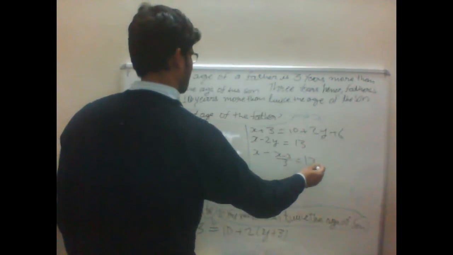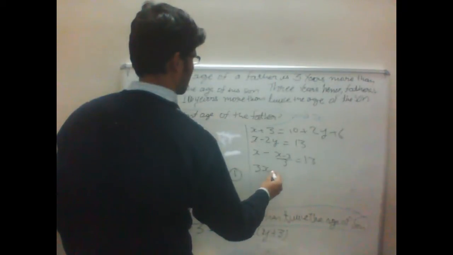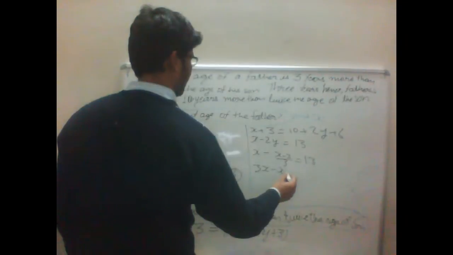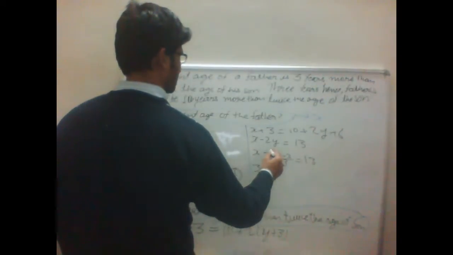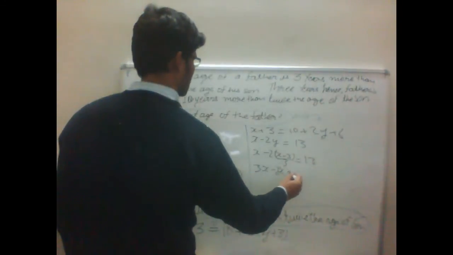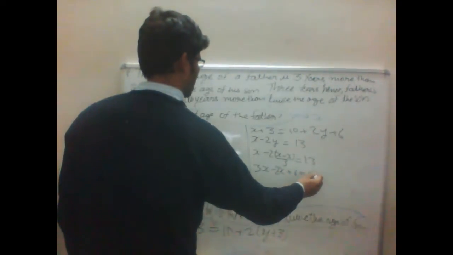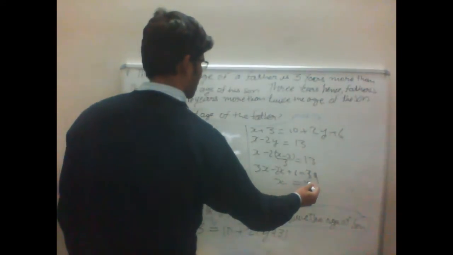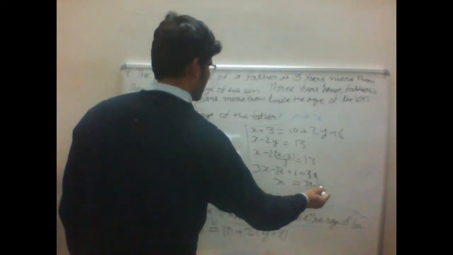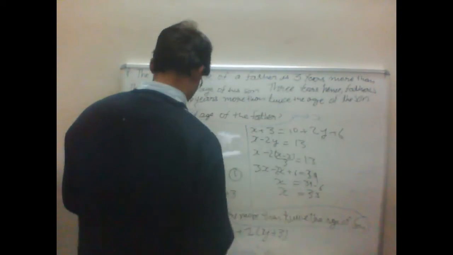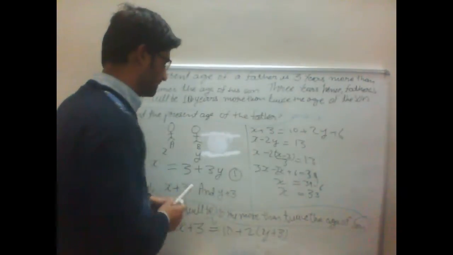So 3x minus twice of (x minus 3), oh sorry, 3x minus twice of x plus 6 is equal to 13 multiplied by 3, which is 39. So x is equal to 39 minus 6, x is equal to 33, which is the required answer asked in the question.